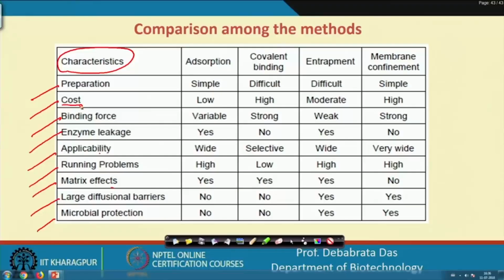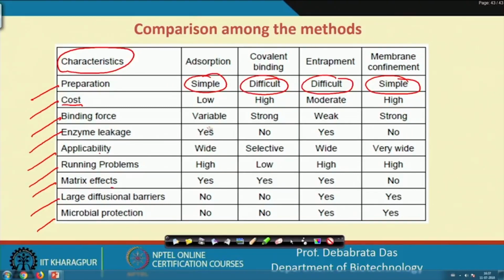So the question comes, I want to take 2-3 instances. Suppose preparation: if you look at that, adsorption is very simple, covalent is very difficult, entrapment is also difficult, and membrane confinement is also simple. Now, if we want a very simple technique, we have two choices: either we go for adsorption or membrane confinement.